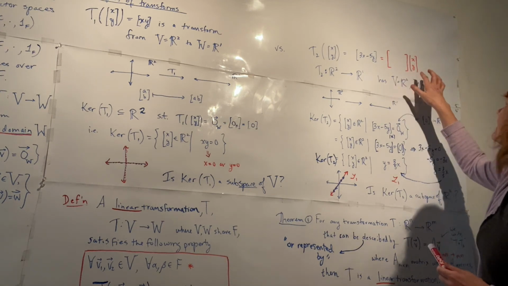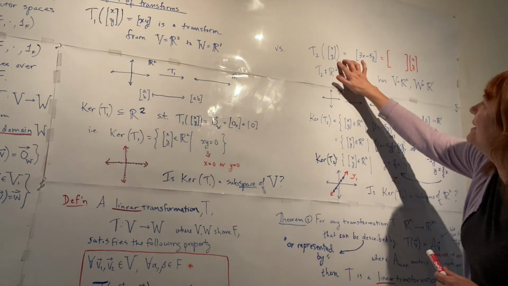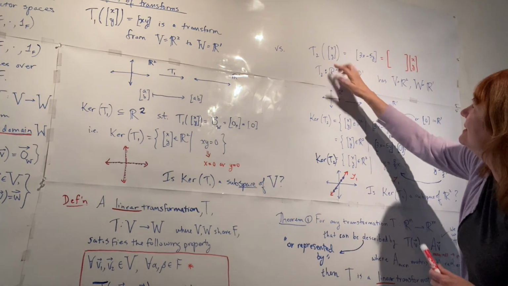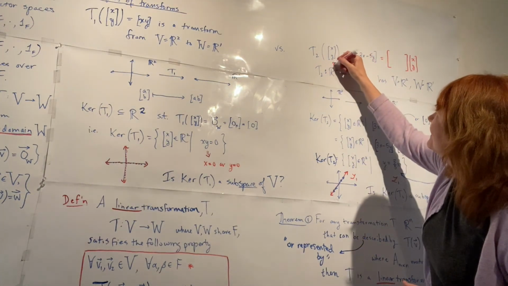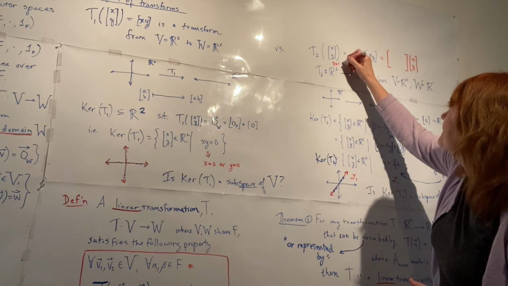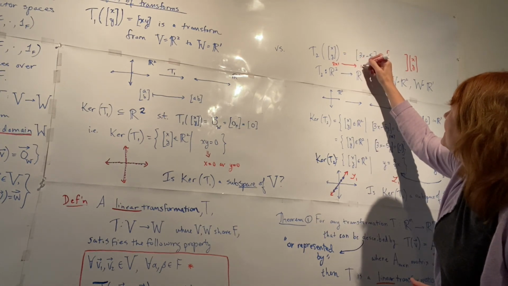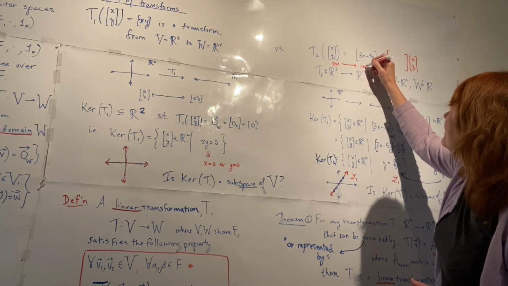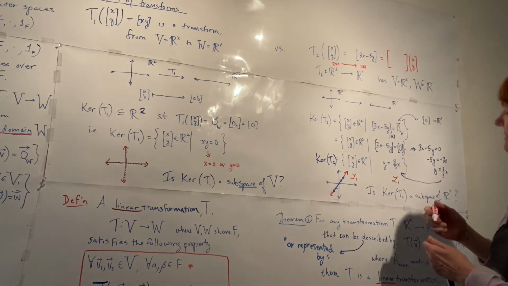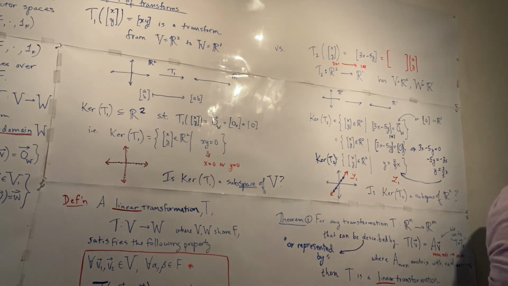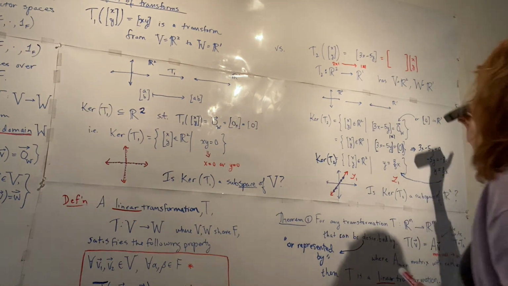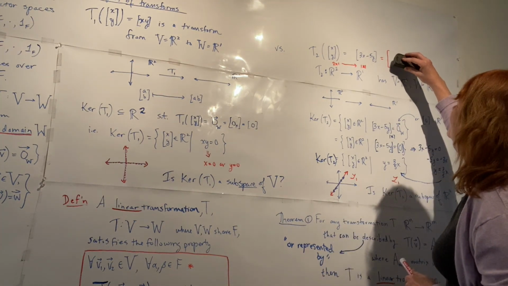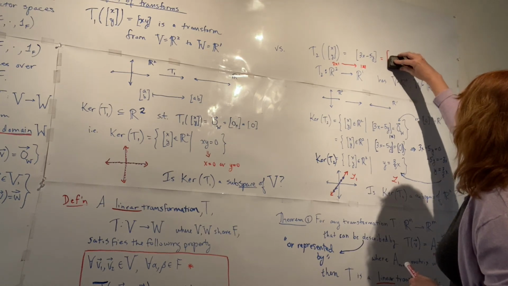If you start the video again, it looks like I gave you the wrong size. We have to go from a 2 by 1, and a 2 by 1 has to get multiplied by something to become a 1 by 1. What is the size of this? I misled you. It shouldn't be 2 by 2, should it? It should be 1 by 2.